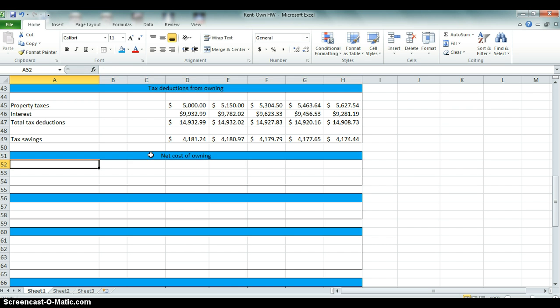We will need to know our cash outflows before taxes, which we already calculated. Our tax savings, which we also already calculated. And finally, our after-tax cost.